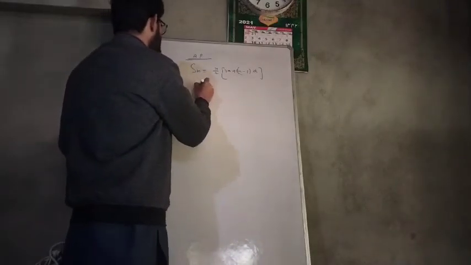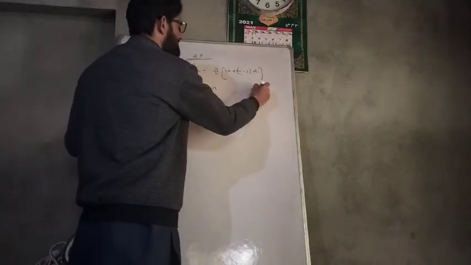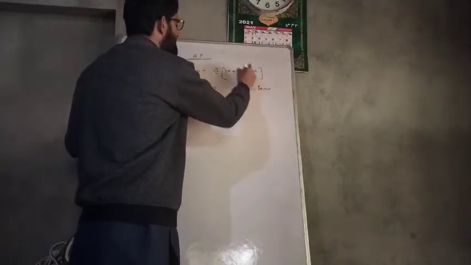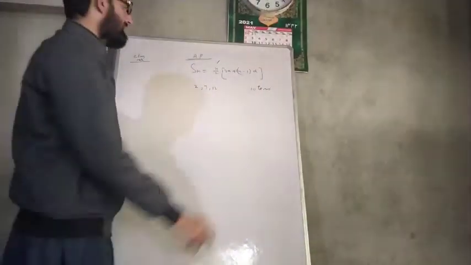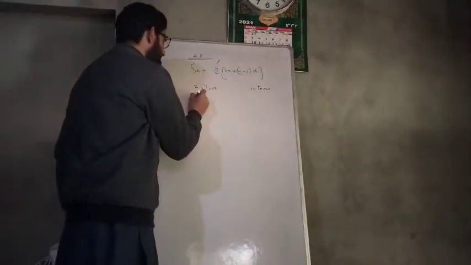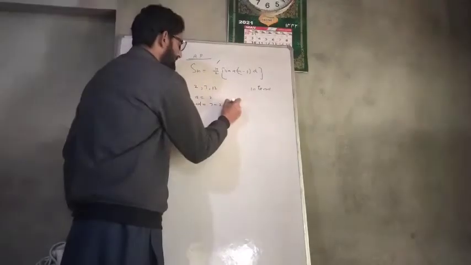The AP is like this: 2, 7, 12, and so on, and there are 10 terms in this AP. That means n is given, n is equal to 10. Here a is equal to 2. What is d? d is 7 minus 2, that is 5.